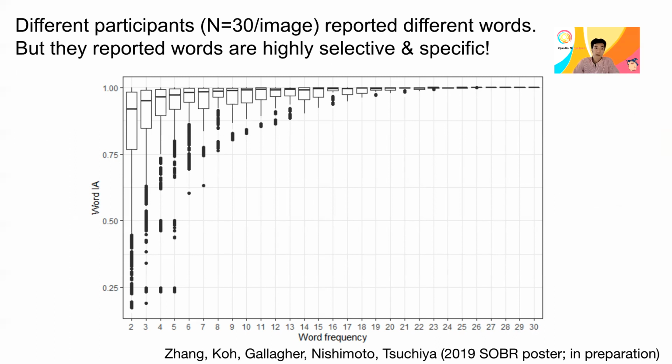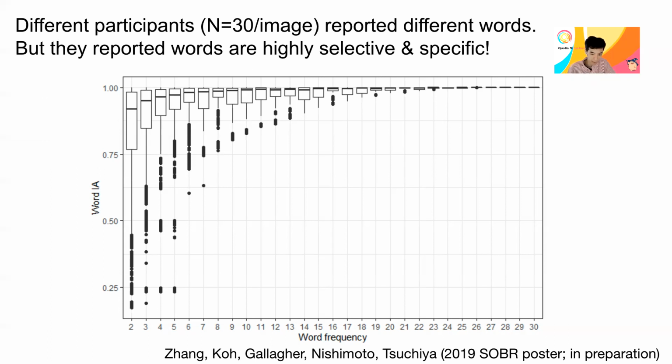But most of the time the words they report are highly selective and specific. So this intersubjective agreement, which quantifies specificity and selectivity, is really high.